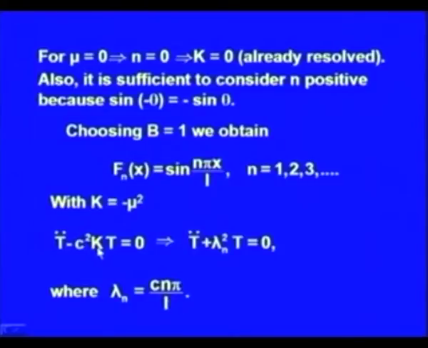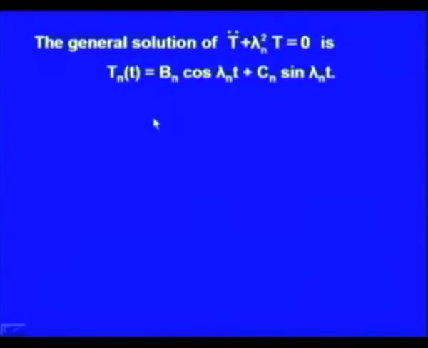After putting k equal to minus mu square, we have T double dot plus c square mu square into T equal to 0, and mu, we have seen, is n pi over l. So, we will get lambda_n equal to c n pi over L.